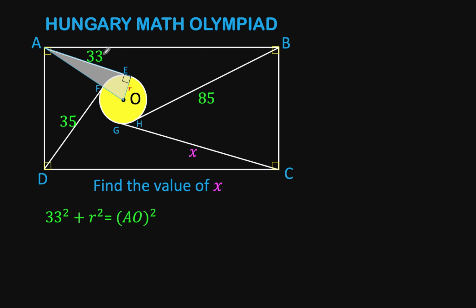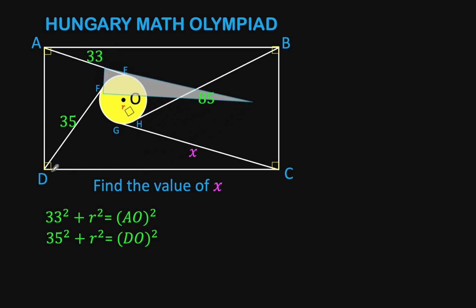The sum of the squares of the two legs with a measure of 33 and R is equal to the square of the hypotenuse AO. Similarly, we can draw this other right triangle, and from the Pythagorean formula again, we have 35 squared plus R squared equals the square of side DO.